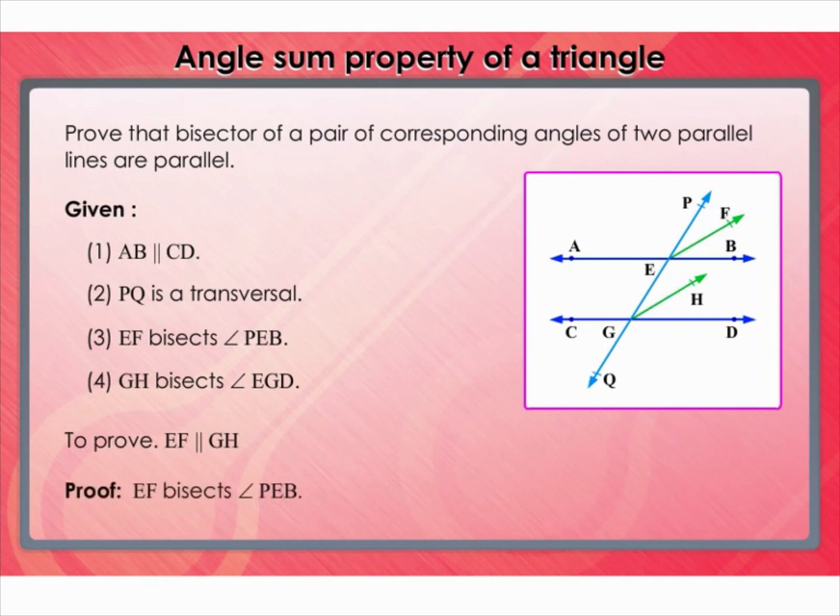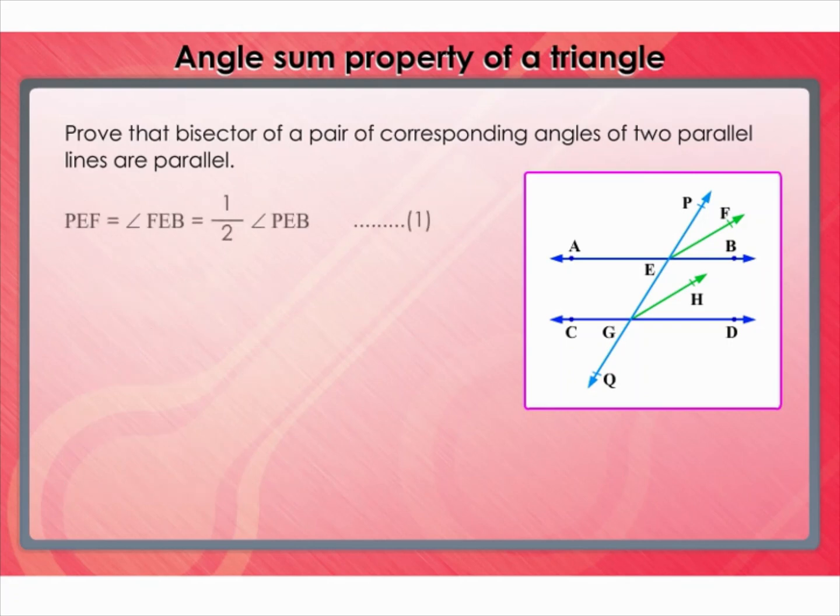Proof. EF bisects angle PEB. Angle PEF is equal to angle FEB, that's equal to 1 by 2 angle PEB. 1. GH bisects angle EGD. Angle EGH is equal to angle HGD is equal to 1 by 2 angle EGD. 2.